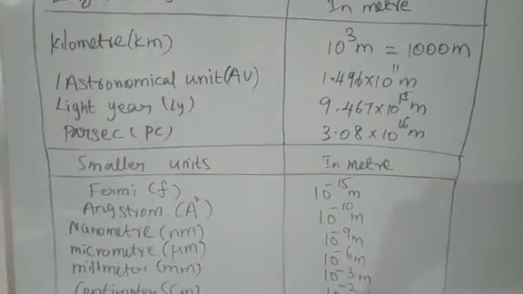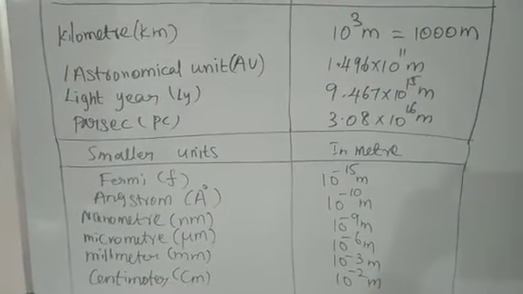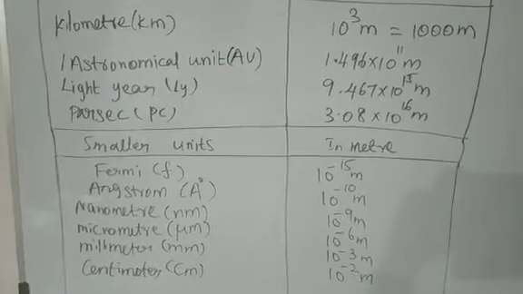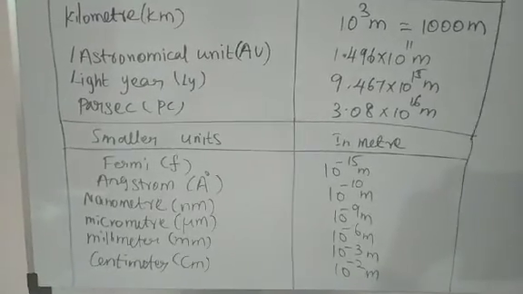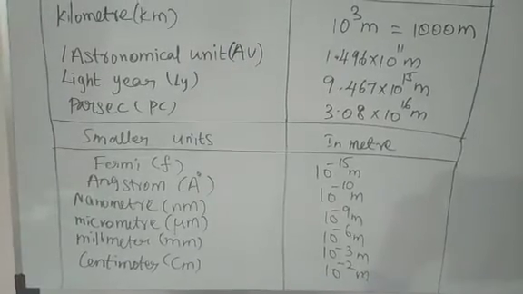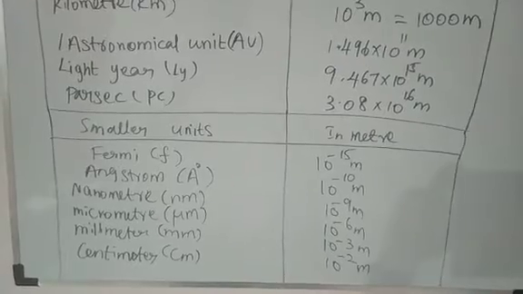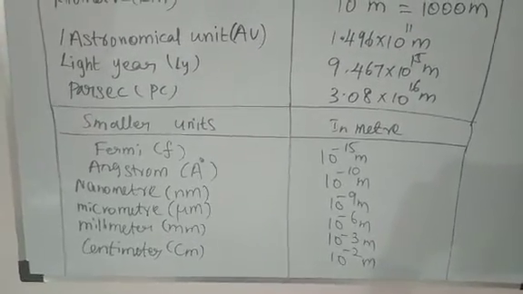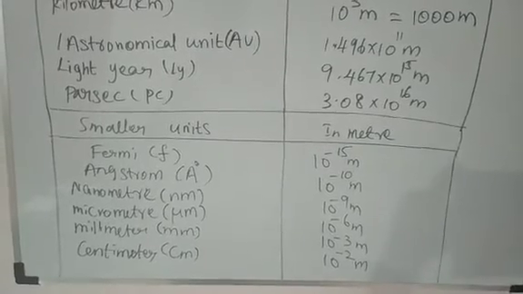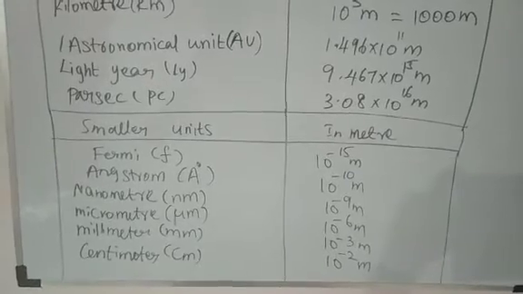For smaller units in meter: Fermi, F, 10^-15 meter; Angstrom, A, 10^-10 meter; nanometer, nm, 10^-9 meter; micrometer, μm, 10^-6 meter; millimeter, mm, 10^-3 meter; centimeter, cm, 10^-2 meter.